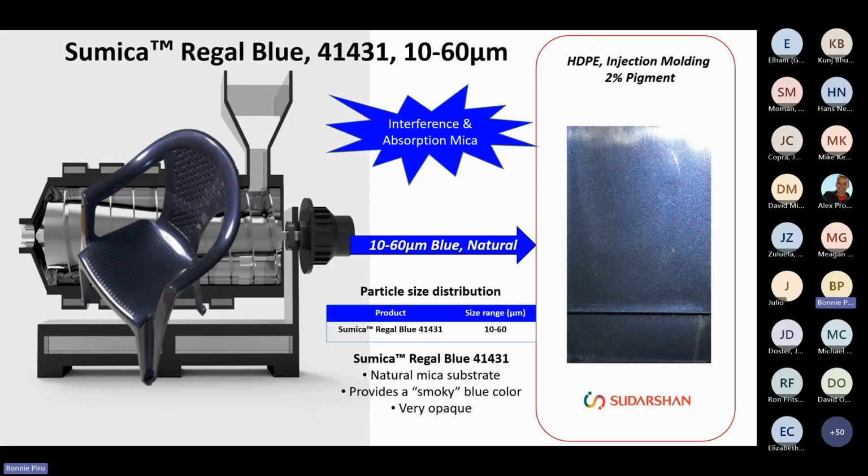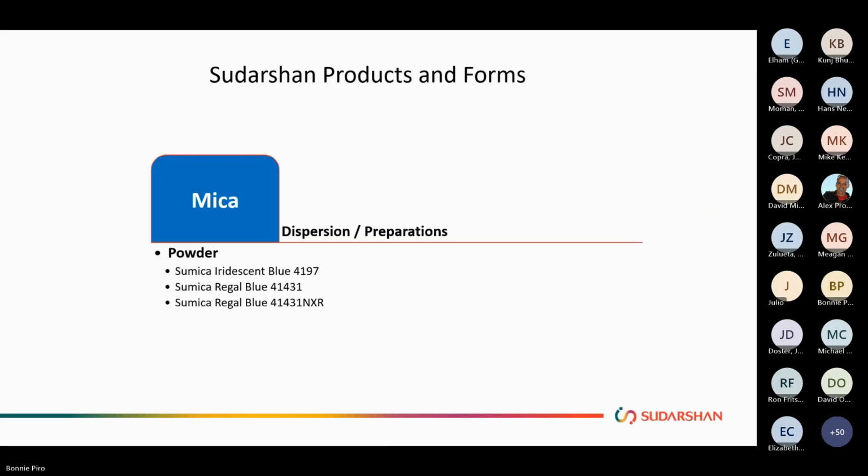And on the plastic side, the untreated version is available as well to provide that same type of unique color space. From a product perspective, I talked about the two types, the iridescent as well as the multi-layer metal oxide with the Regal Blue.